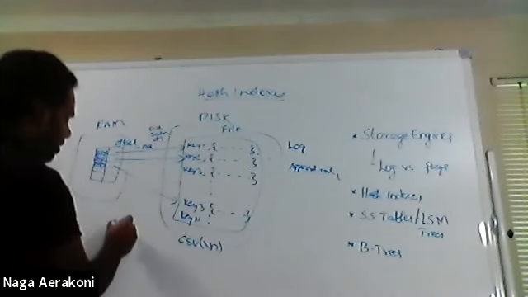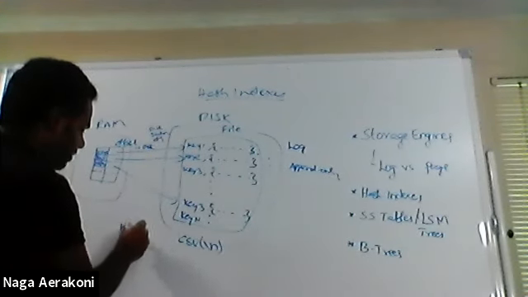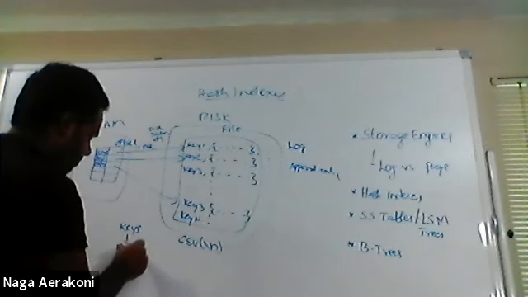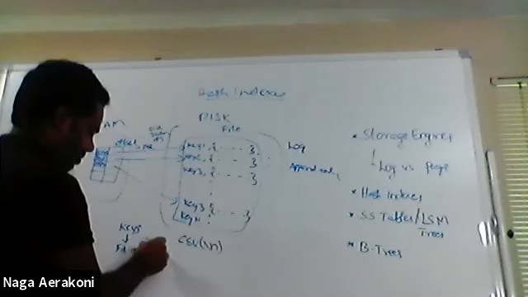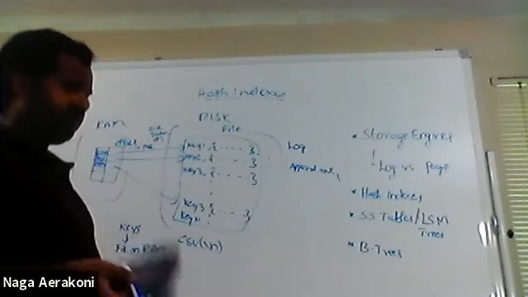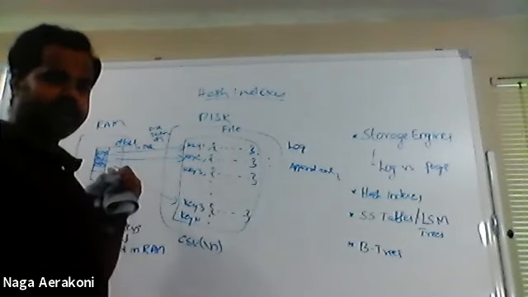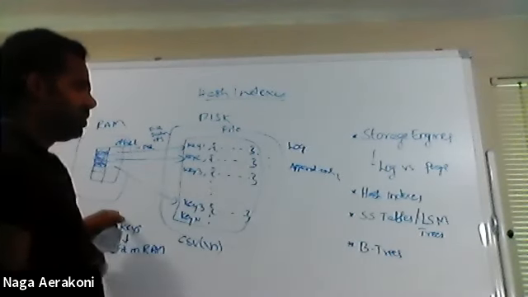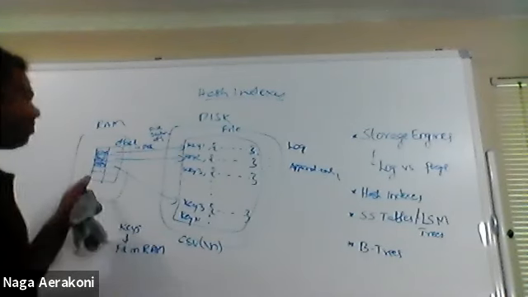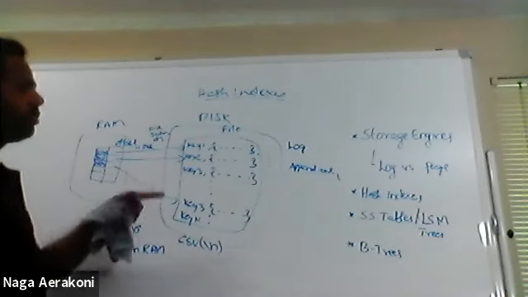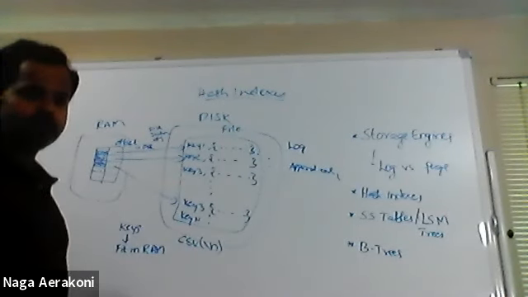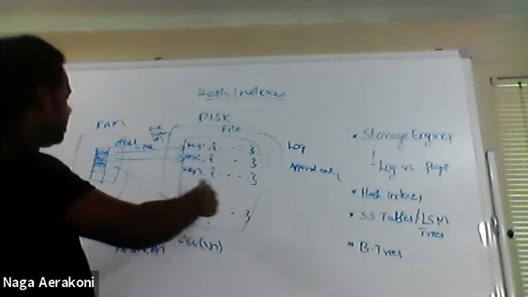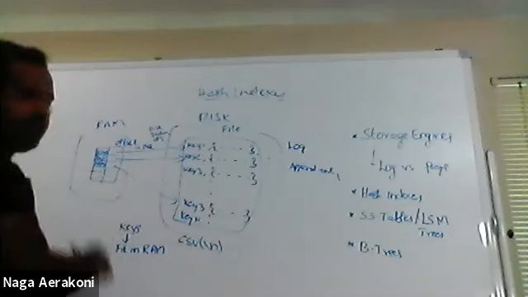So all the keys must fit in RAM. Not all the data, only the keys. If the keys are large enough that they can't fit into the RAM, then you cannot use hash indexes. The data can be as big as possible, but the keys need to fit in RAM.